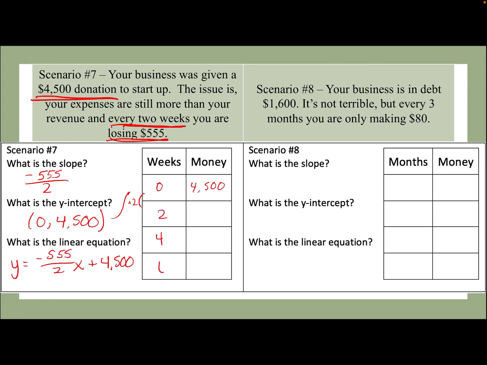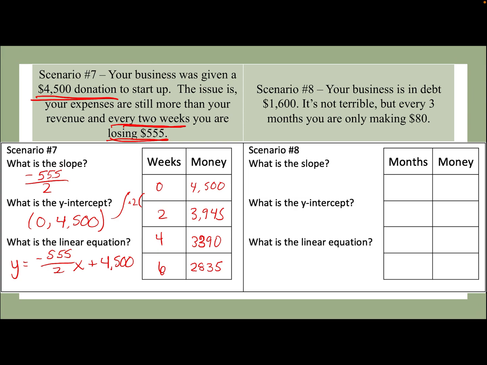So 2, 4, 6. And I'll start with 4,500. I'll simply subtract 555. So 3,945, 3,390, 2,835. So there was scenario 7.